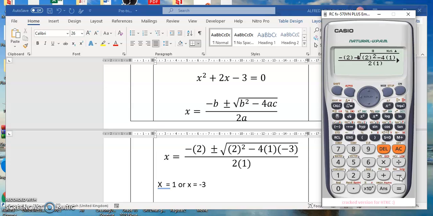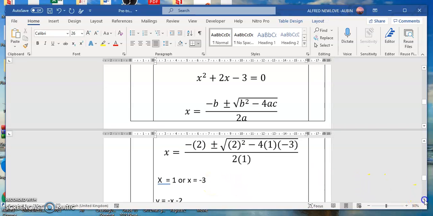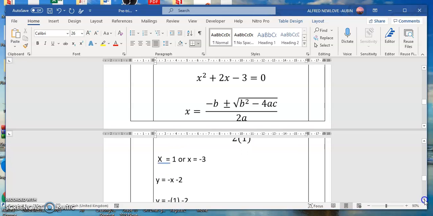Then you type minus. So this is going to give us minus 3. So these are the 2 values for x. Then we need to find the y values.